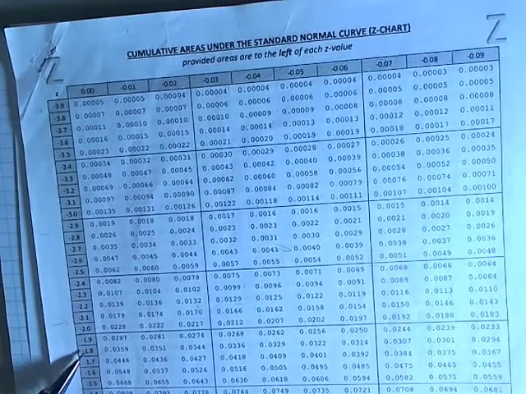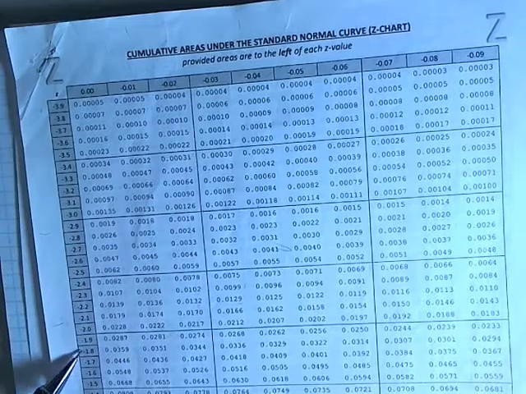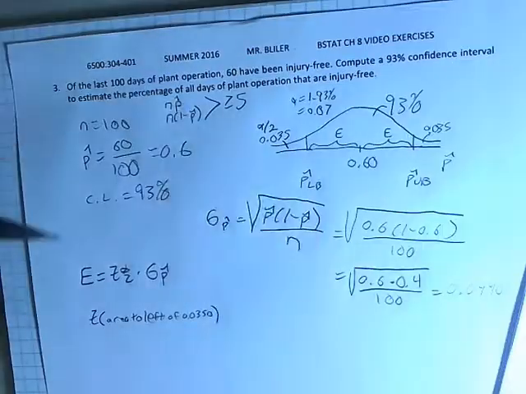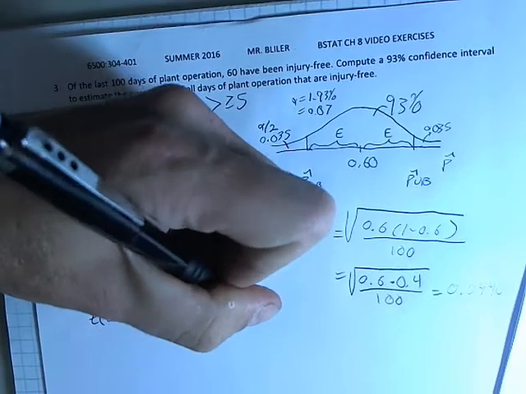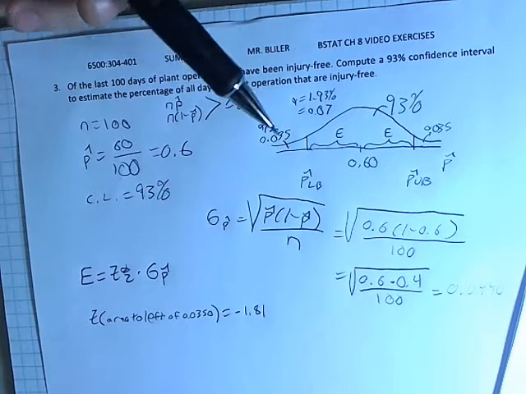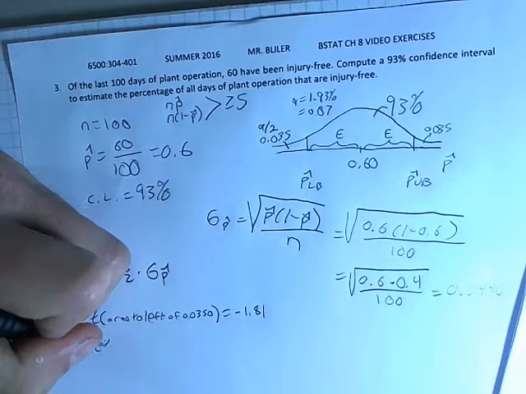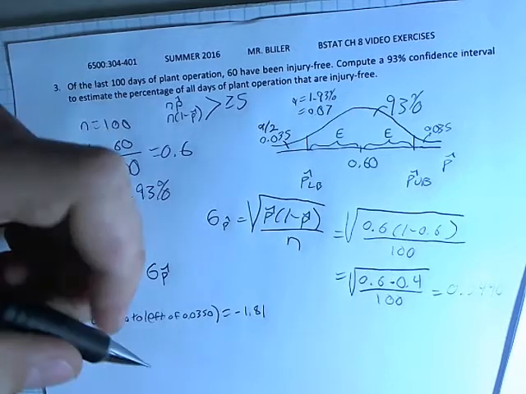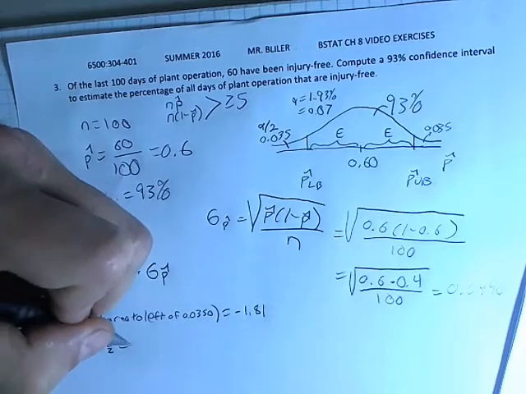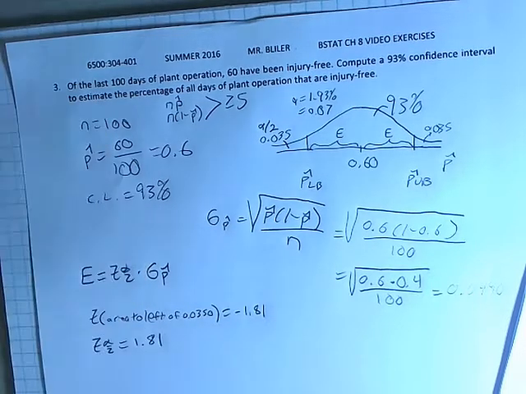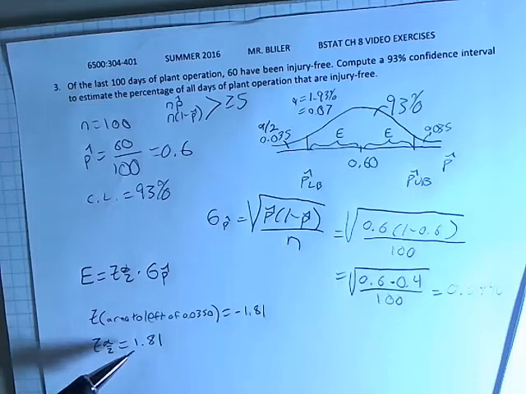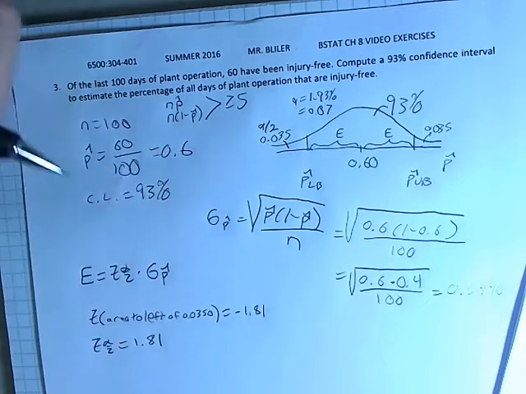So lining that back to the left and upper indices, that's going to say that negative 1.81 is the z number that has exactly alpha half area to its left. And as we always do with z alpha half, we're going to take that negative value that we looked up and symmetrically flip it to represent the positive version of that. So our z alpha half is now 1.81.